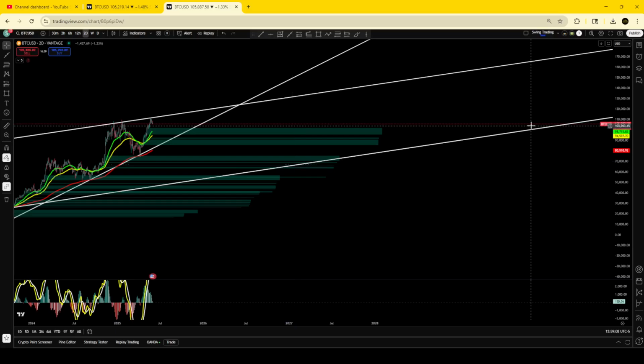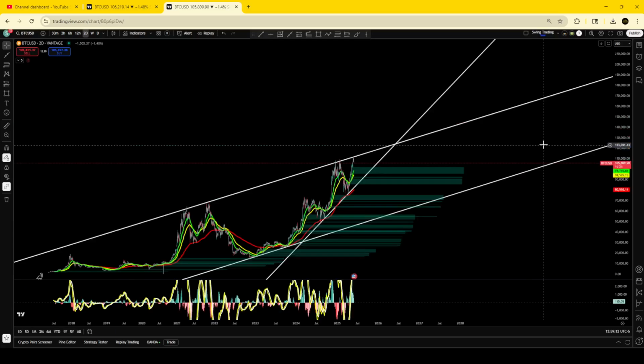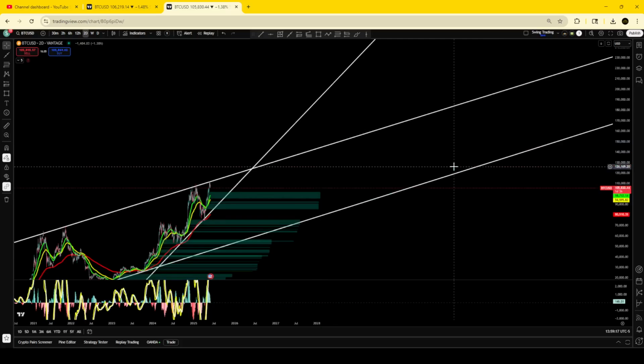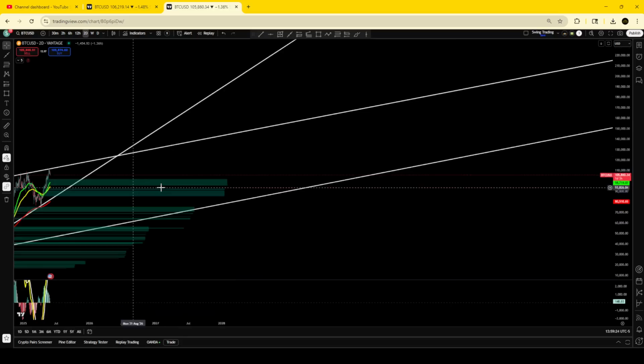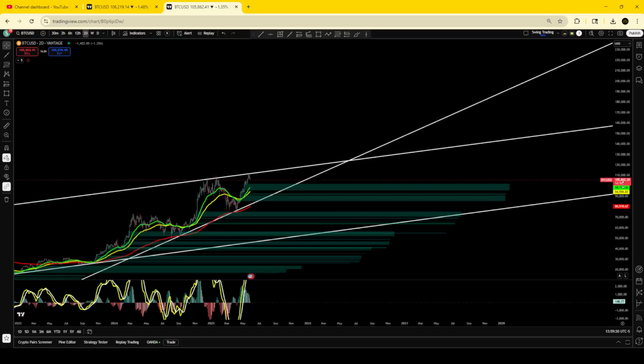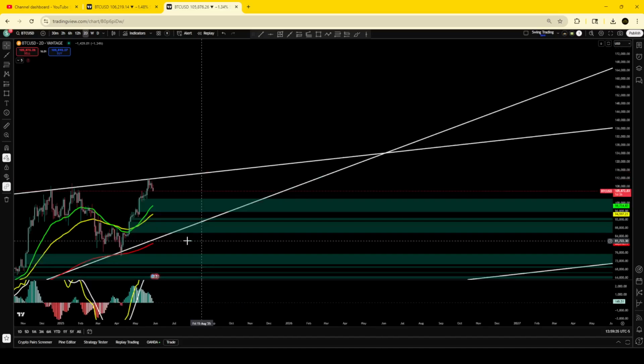Maybe. After this cycle, if we're still in cycles, yeah, maybe somewhere down to 120. But the way these ETFs are going, it's crazy. They are saying that this cycle is based off ETFs.